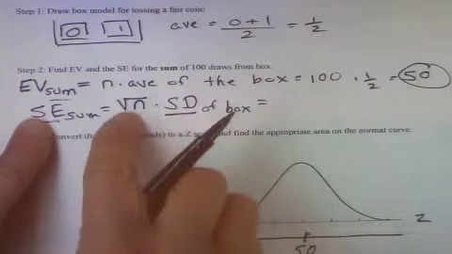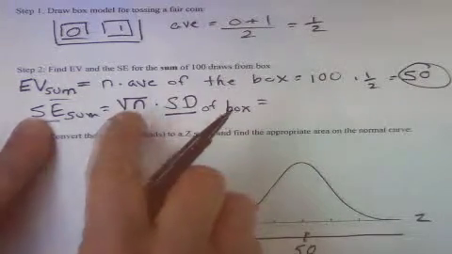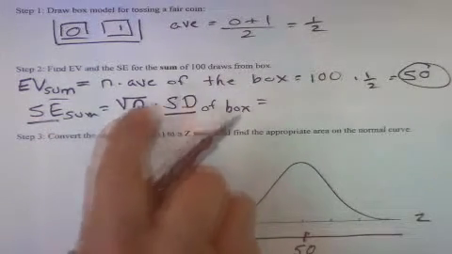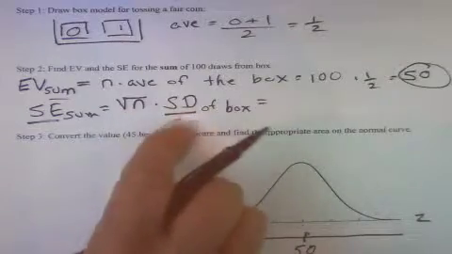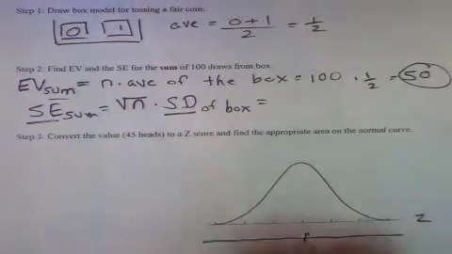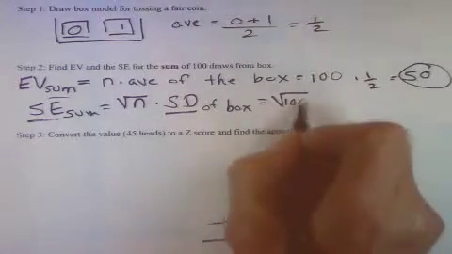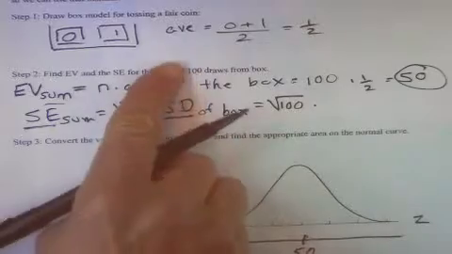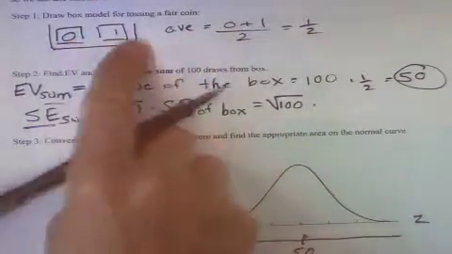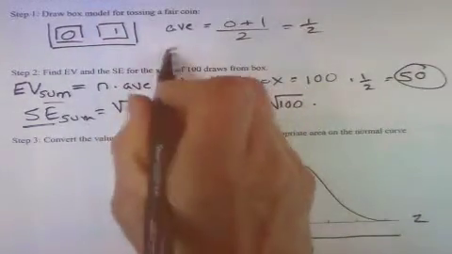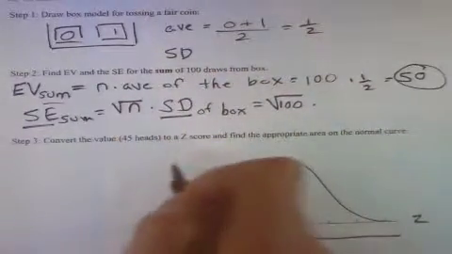But with more draws, the variability changes with the number of draws. And for the sum, it's multiplied by the square root of n. All right, so we have the square root of n, which is 100 draws, times the standard deviation of the box. You probably remembered that for a 0-1 box, the standard deviation and the average are both a half.